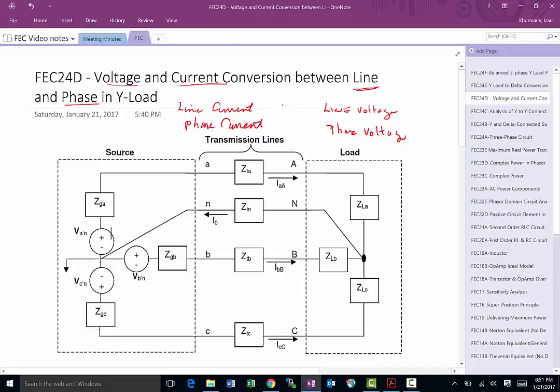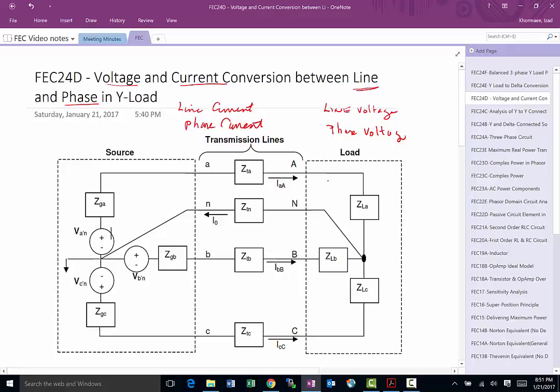As we discussed earlier, phase refers to a single one of these loads, the voltage across one of the loads. By the way, if they don't mention anything, they're talking about the load, because that's what's important. Sometimes you're asked to find a phase voltage.